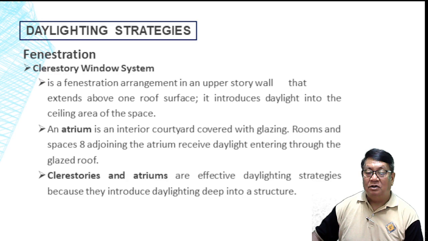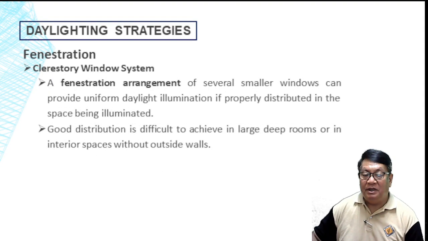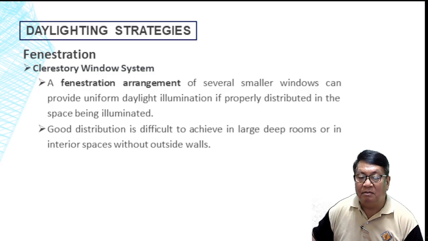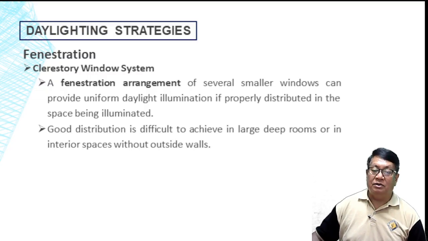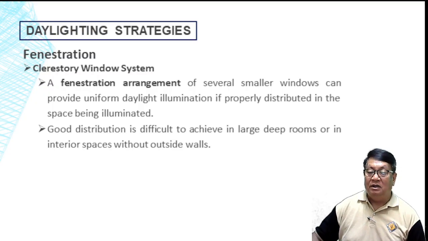Okay, so we have this clerestory window system, and the atrium, clerestories and atrium. So we have this clerestory window system, and we have this fenestration arrangement of several smaller windows that can provide uniform daylight illumination, properly distributed in the space being illuminated.